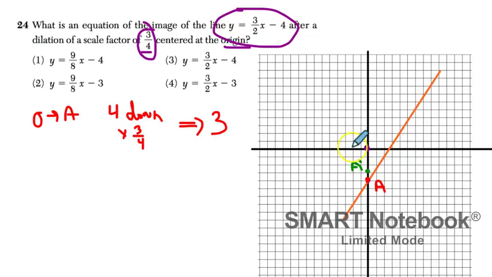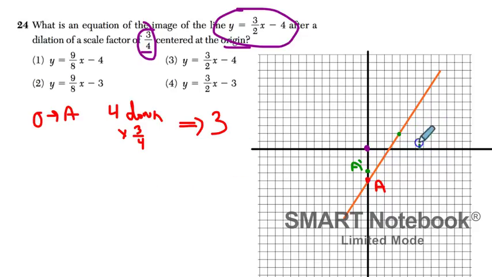Let's pick another easy one. Let's just do this one. Up 3 over 4, up 3. Let's do that point right there.